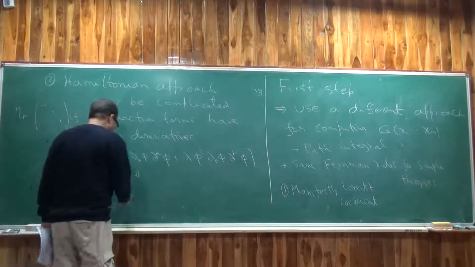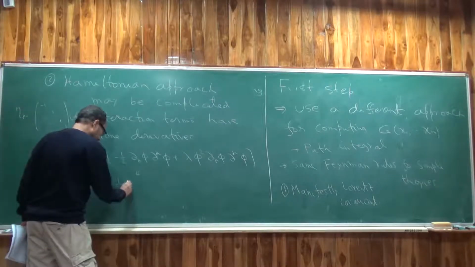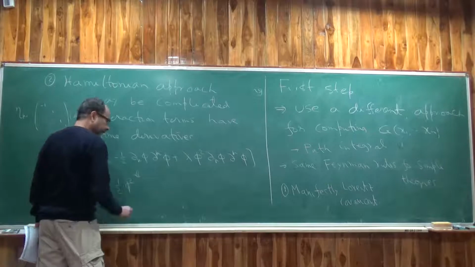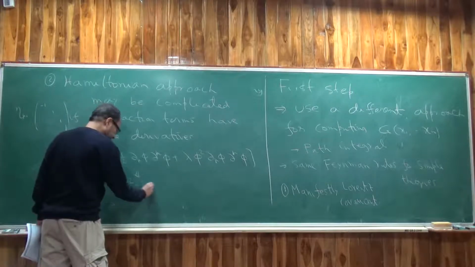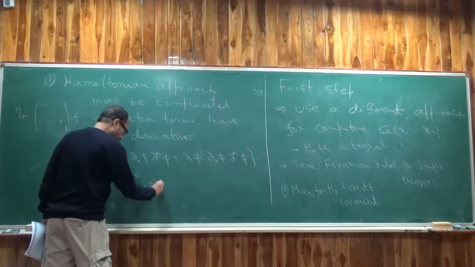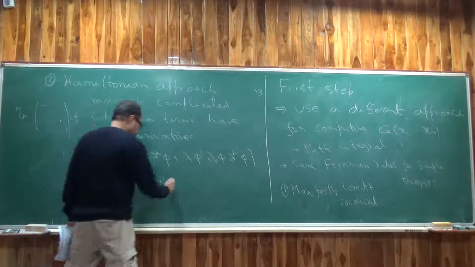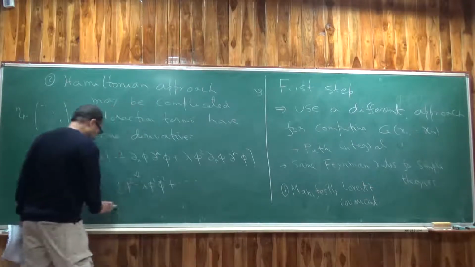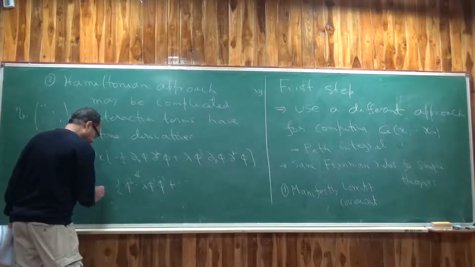So this gives you half phi dot square minus lambda phi square phi dot square plus space derivative terms, which you don't care about right now.